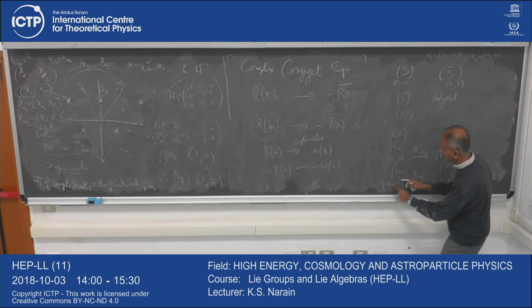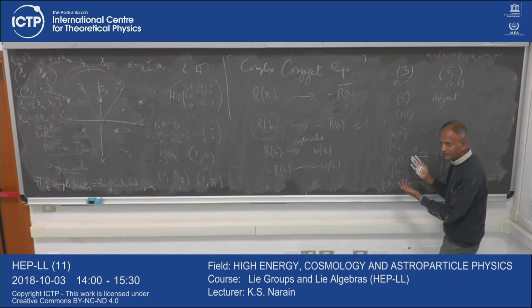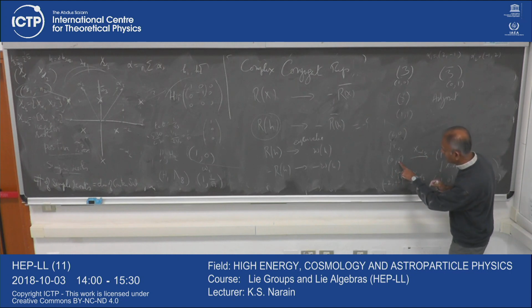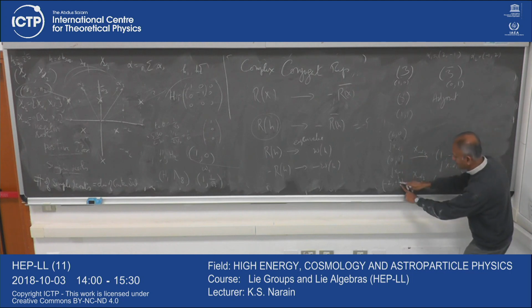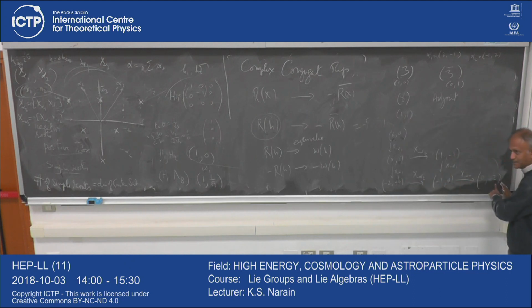Now look at each of these states and ask the question, what happens when I apply x minus alpha 2? You immediately see from this number that this is spin half of the second SU2 algebra. So I can apply only once, and then this chain stops. Here the plus 2 means it's a spin 1, so I can apply 2 times, and then it stops here.